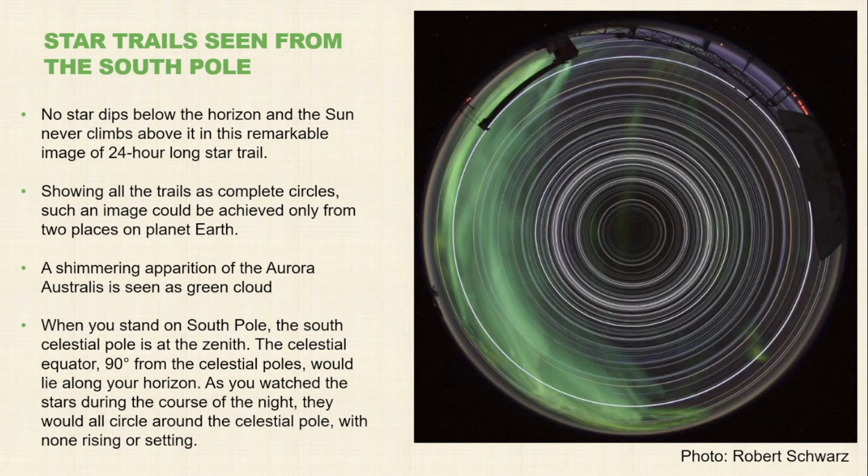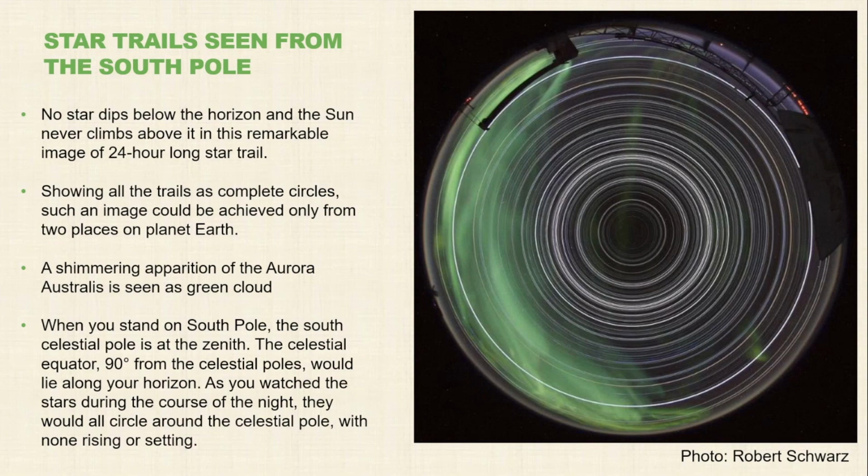And any other stars, they rotate around that central point. If it is in the North Pole, that's where our northern star or the North Star would be. And all other stars simply rotate. And since it's in the South Pole, these stars do not set or rise. We see the whole of the stars rotating about that central point. And this is a time-lapse image taken for the whole 24 hours.